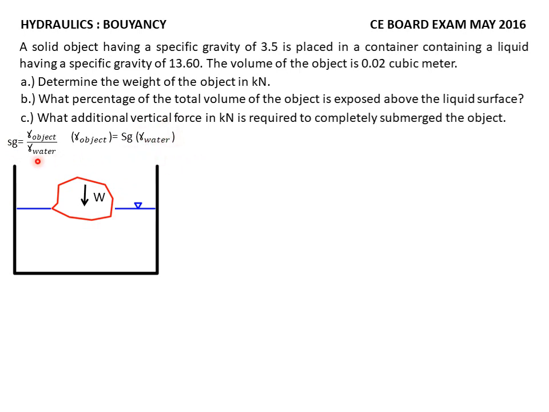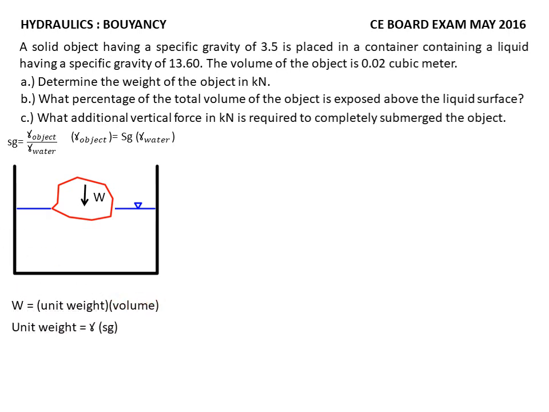So specific gravity is a multiplier compared to the water, since we have a constant unit weight of water. So we can now compute the unit weight of the object and multiply it by the volume. Weight is equal to the unit weight multiplied by the volume.